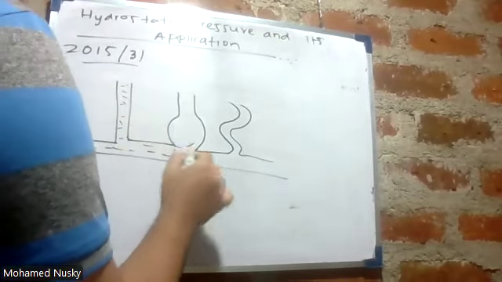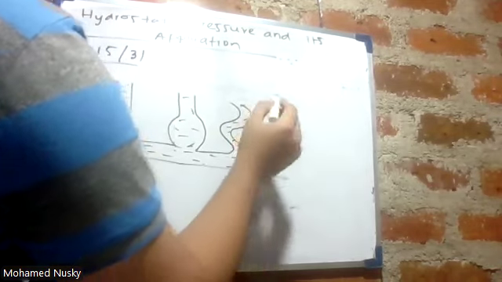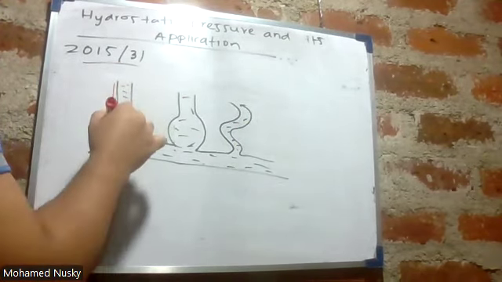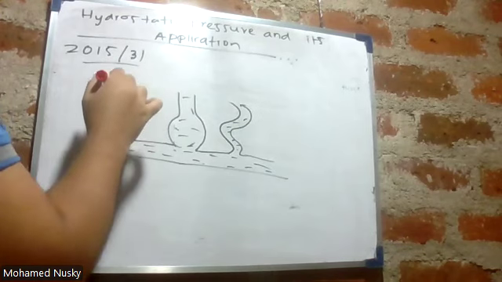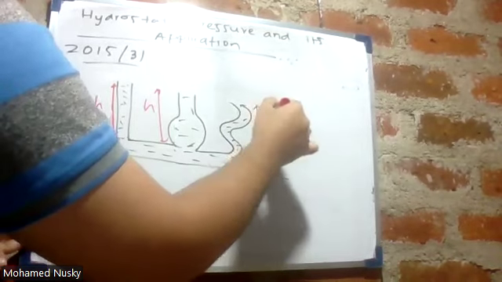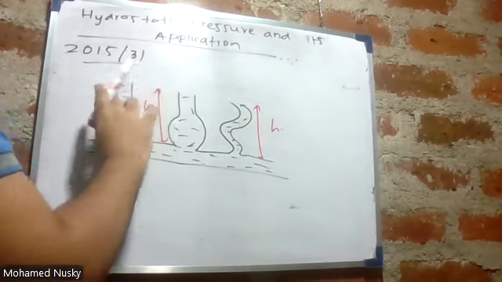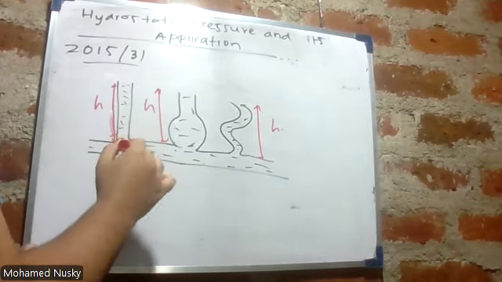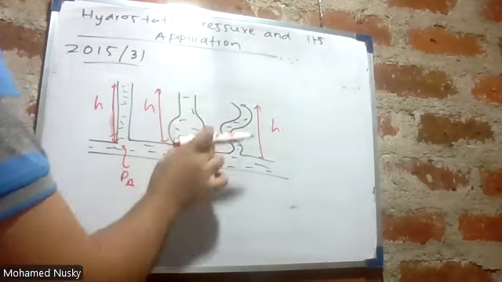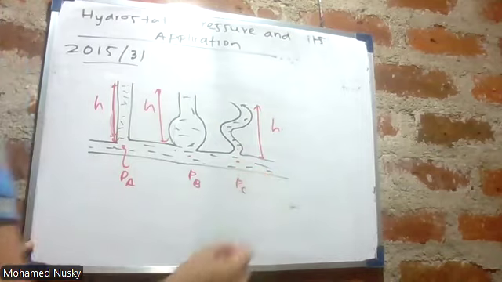Water is filled like this, up to the same height H. Now let me take the pressure due to this tube as PA, the pressure due to this as PB, and the pressure here as PC.